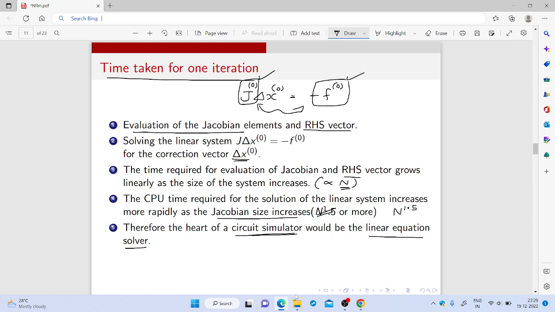Suppose the size of the Jacobian is n by n, then the time required for evaluation of Jacobian and right hand side vector increases linearly with this size, whereas the time required for the solution of the linear system increases proportional to n to the power 1.5, slightly larger than this proportionality. So a proper linear equation solver is required for getting a faster solution.